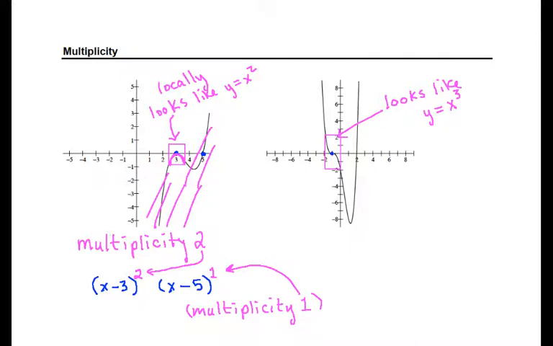If we were to draw in just a tiny little pair of axes and a graph over here to recall, it comes up and it flattens out for just a second and then keeps going. So when we see that same kind of behavior of a funny little twitch as it's crossing the x-axis, we would say that looks like the graph of y equals x cubed, and therefore that 0 has multiplicity 3.